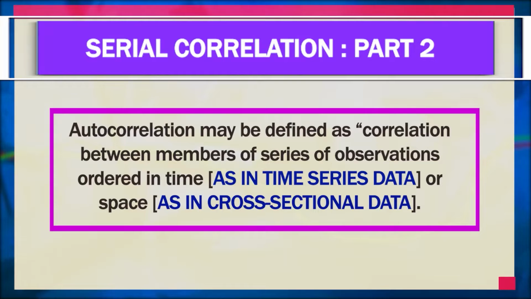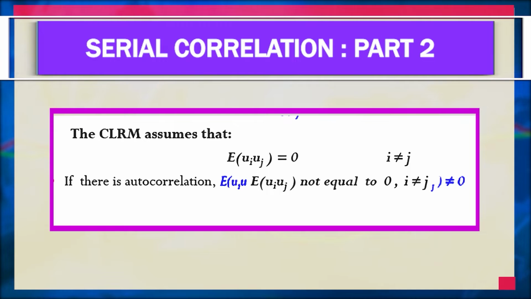When we define the problem of autocorrelation, we mean that the error terms are related to each other, which is very much pronounced in time series data and in cross-sectional data also. By the OLS assumptions under a classical linear regression model, the covariance between the error terms is 0, where the expectation of ui uj is equal to 0, where i and j are not equal to each other.